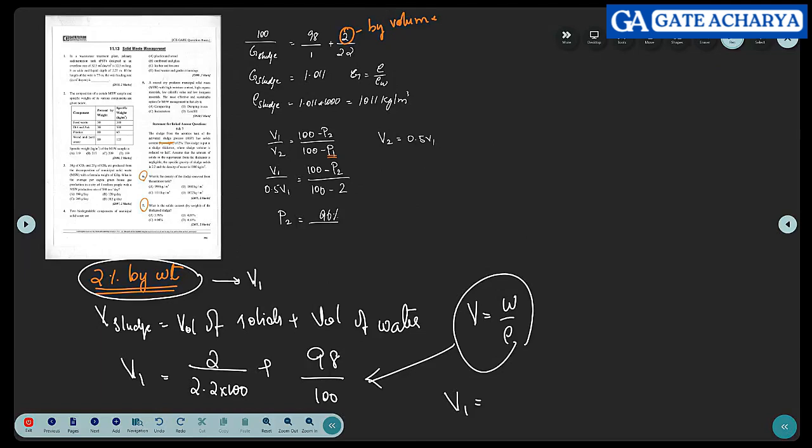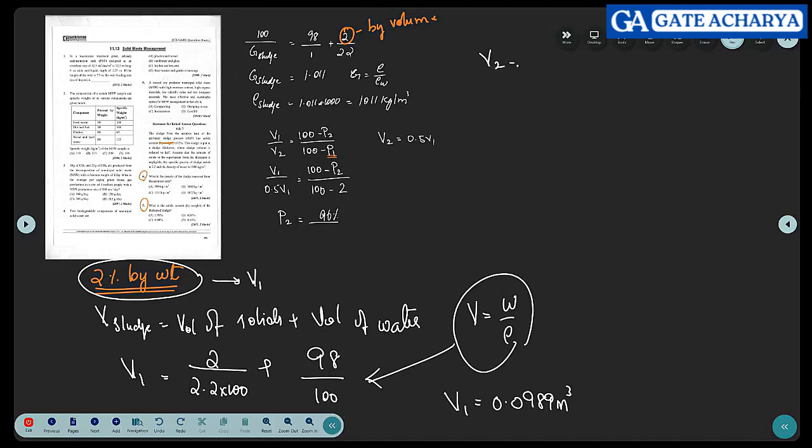How many meter cube are we getting? 0.0989 meter cube.